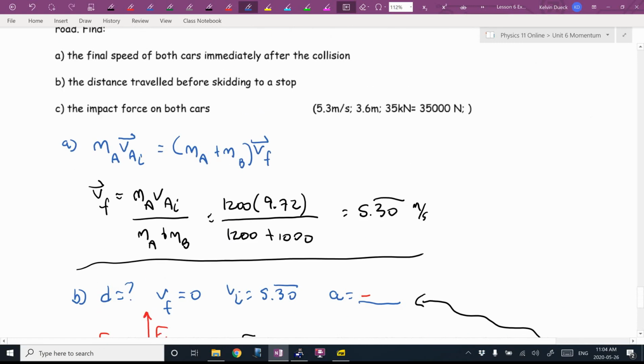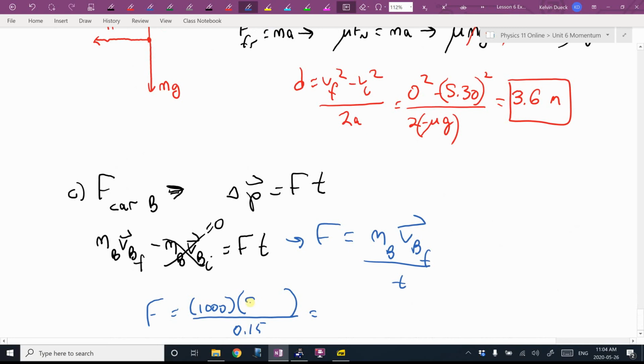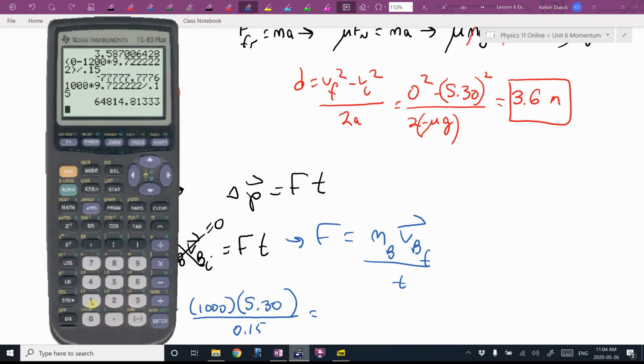That was car A. The velocity of car B after the collision was 5.30. Wow, am I butchering this question? But I'll leave this in to let you know that I make dumb mistakes too. And there we go, 35,000 newtons.